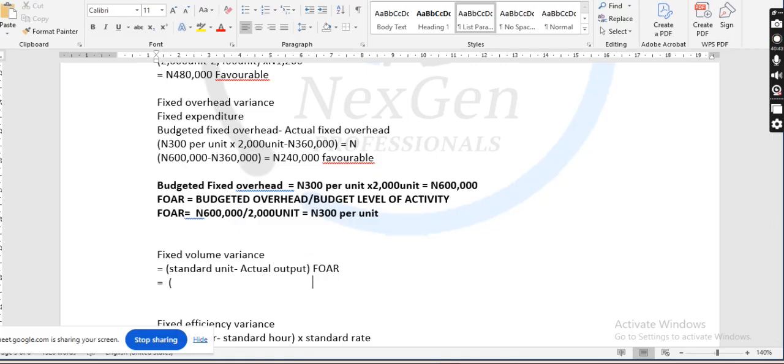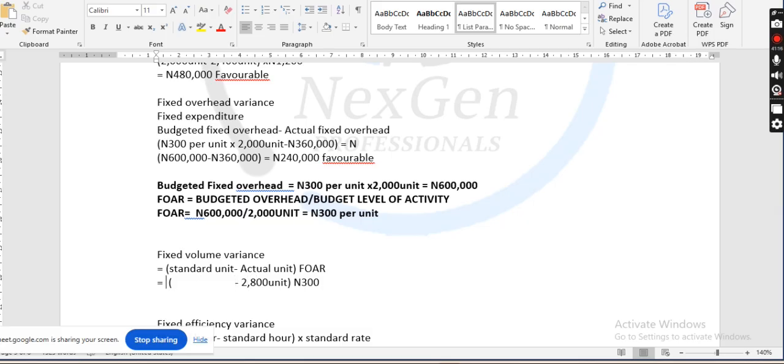Now, what is the actual unit? Actual unit, class, quickly. 2,800 units. We already have the fixed overhead absorption rate, because they say it is based not on labor, but on the units, which is 300, right?